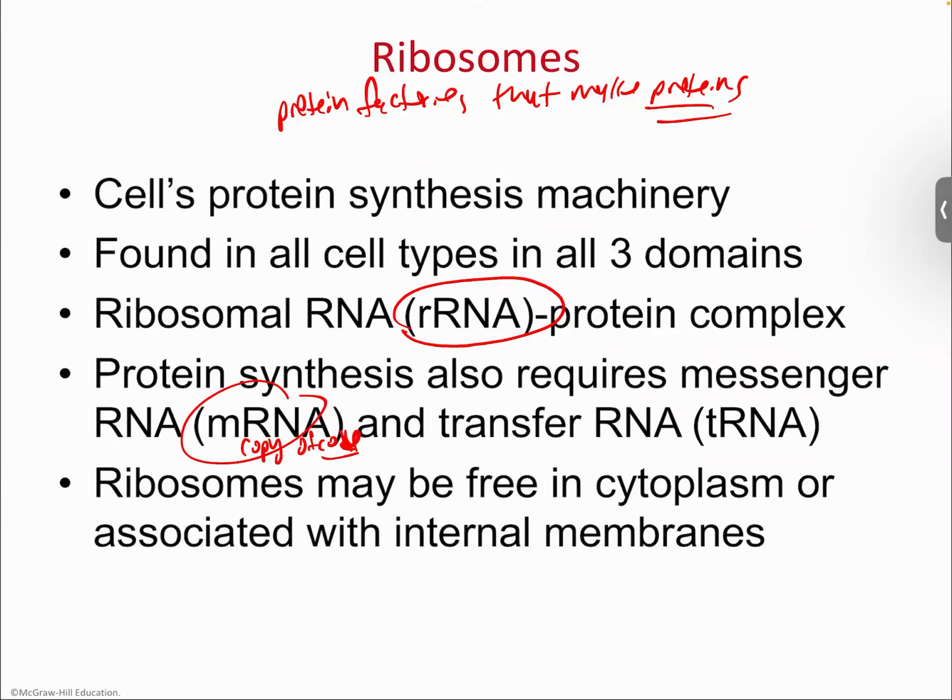So it's got the information necessary to pick the correct amino acids in sequence. And then transfer RNA is a piece of RNA in protein synthesis that allows you to physically grab that correct amino acid based on whatever the code is on mRNA. So you see all three of them. We'll take a much closer look at the role of all three once we get into the last chapter of the semester, so I don't want to bog down too much on that one here.